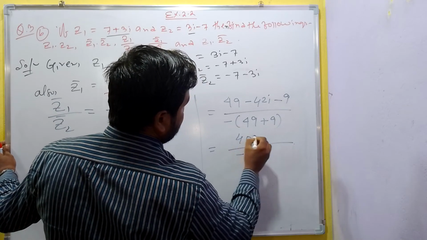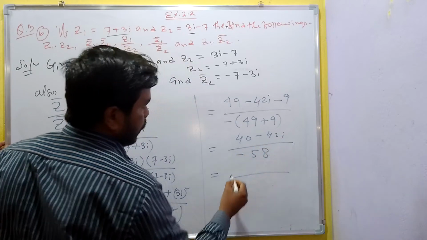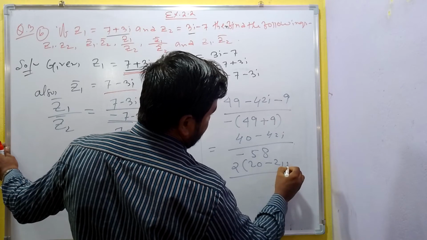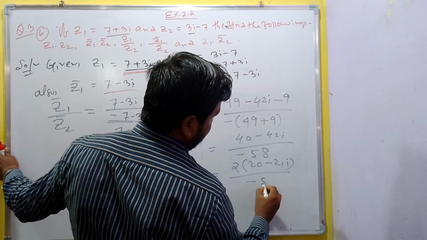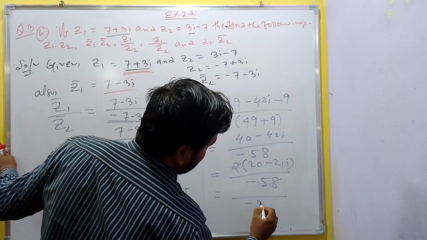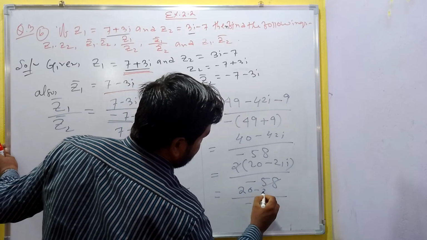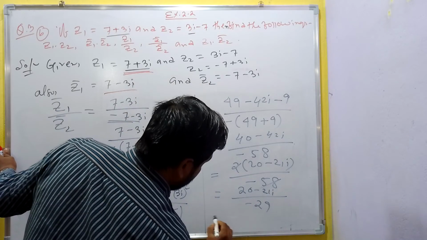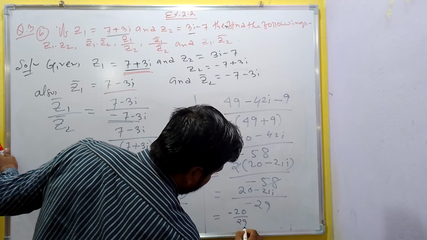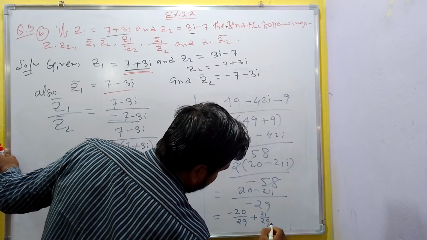Then 40 minus 42i. Now you take common 2, so 2 of 20 minus 21i by minus 58. This will be cancelled, so minus 29, then numerator 20 minus 21i. Now you have to write minus 20 by 29, then minus minus plus, so plus 21 by 29 of i.